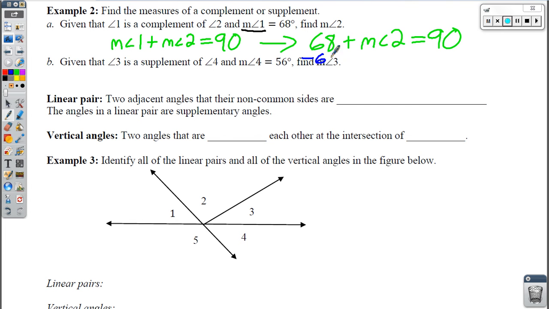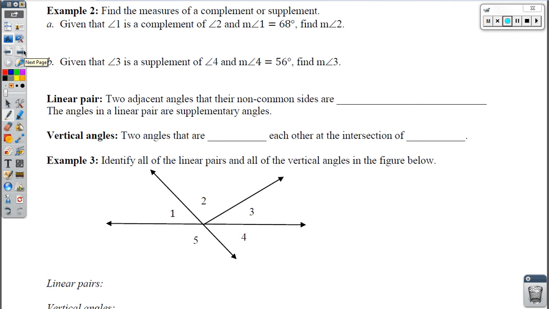So let's subtract 68 from both sides. 90 minus 68 is 22. So the measure of angle 2 is equal to 22 degrees. All right, so that's kind of the long way of doing it. But you could have just thought, well, what do you have to add to 68 in order to get 90? Well, that's 22.